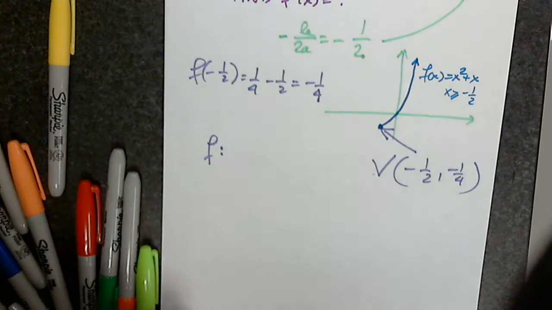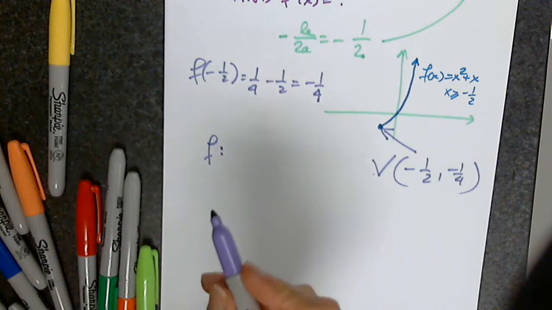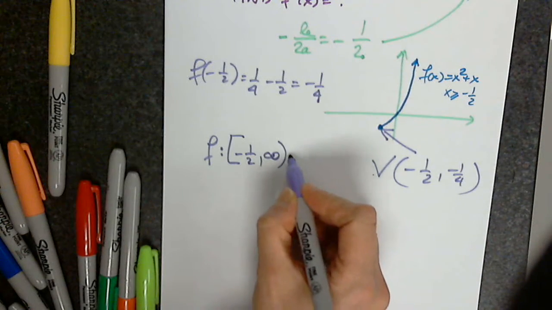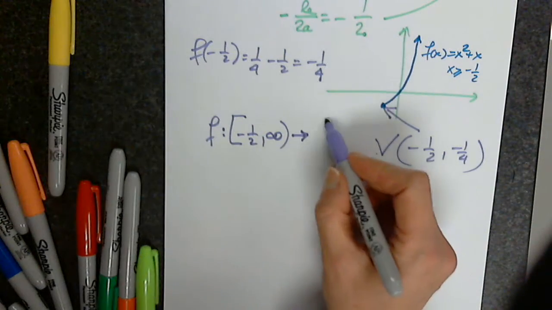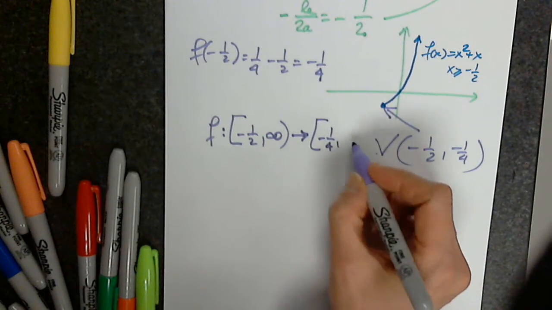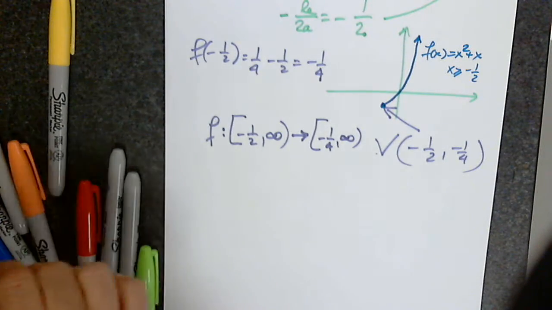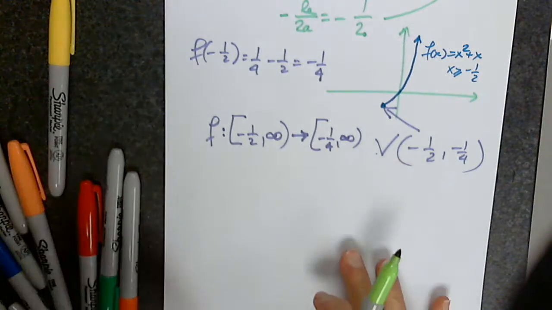So f is defined on, again, can anyone give us the domain? With a bracket to infinity. Good. And the range? Awesome. Negative 1/4 to infinity. I don't have the inverse function, but I can determine the domain and range.